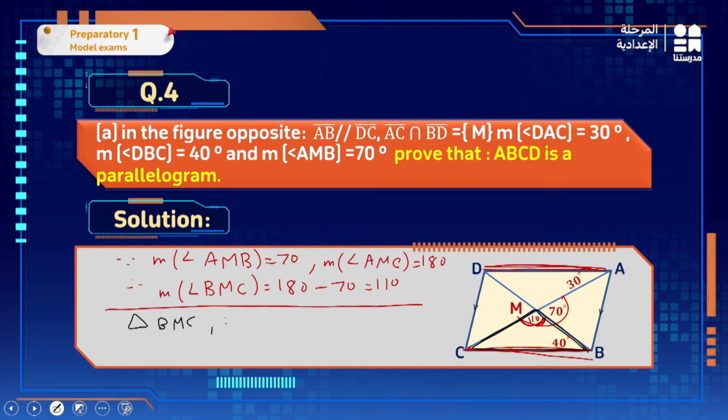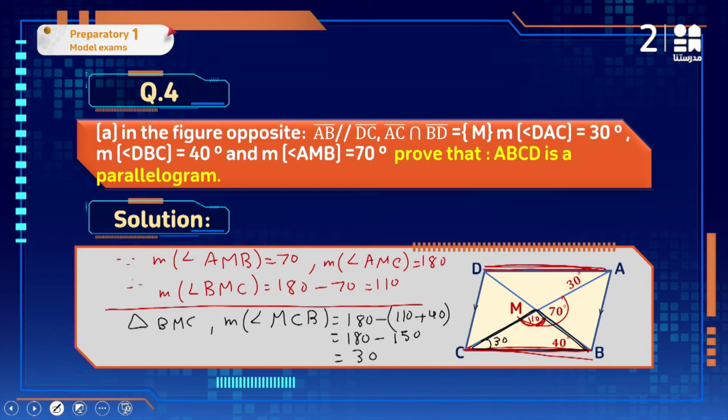The measurement of angle MCB is equal to 180 minus 110 plus 40. 110 plus 40 is 150. So when I subtract them, I got 30. So here we have to put 30.